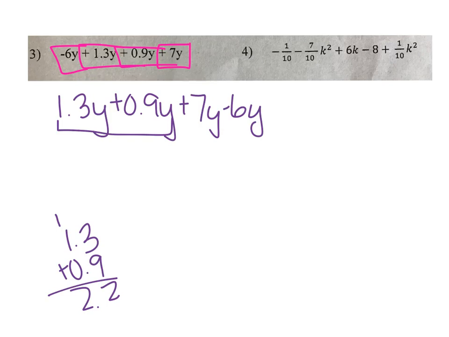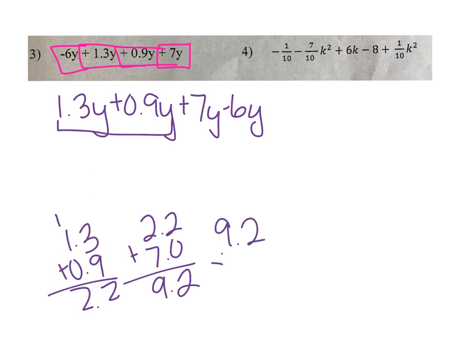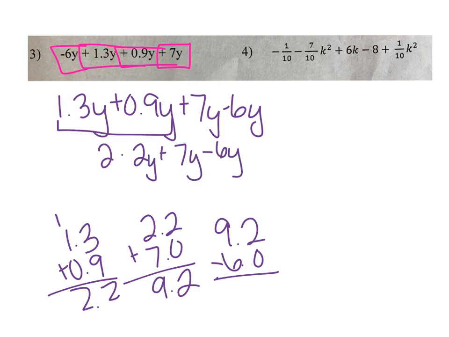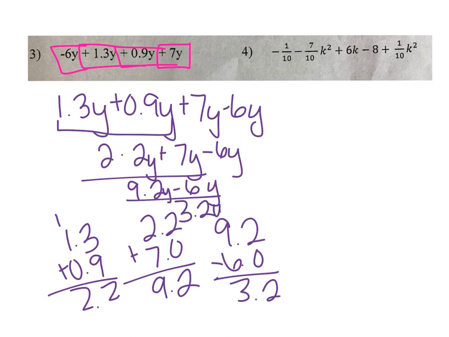So 2.2, and then plus 7 is 9.2. And then we're going to do 9.2 minus 6.0, so notice the negative. So then that was 2.2 plus 7y minus 6y. So then that was 9.2 minus 6y, and then 2. And then we get 3.2y. All were like terms, so they all could be combined.